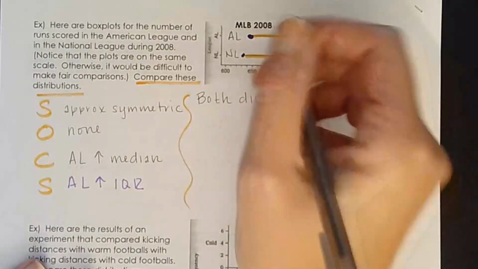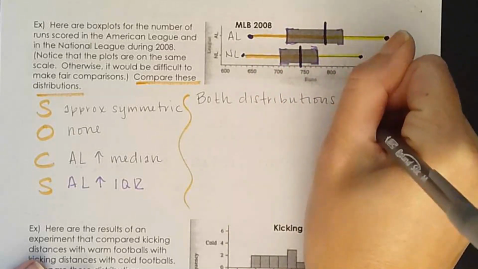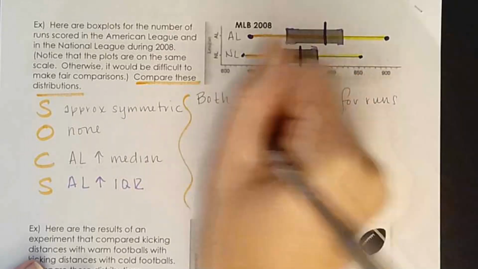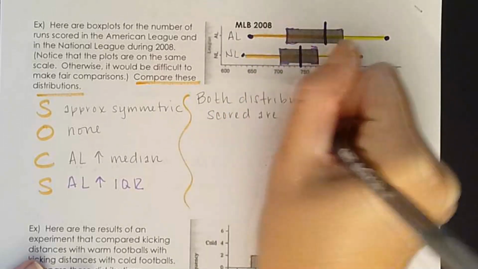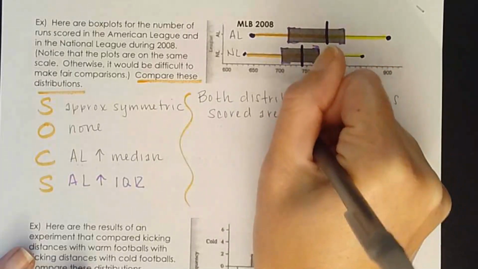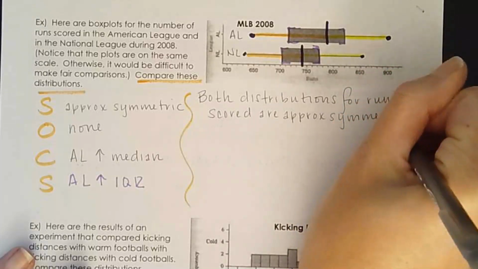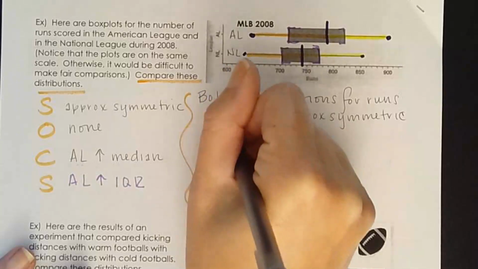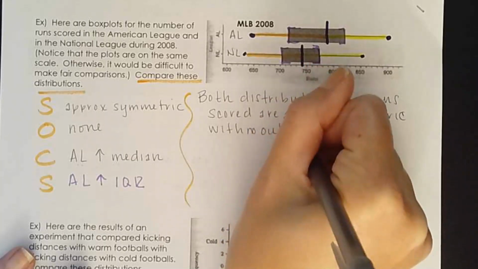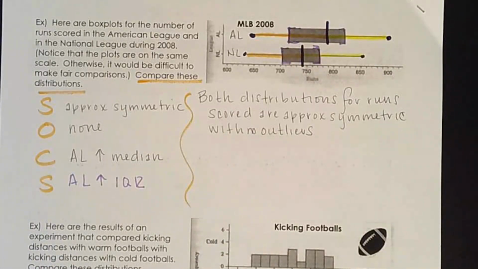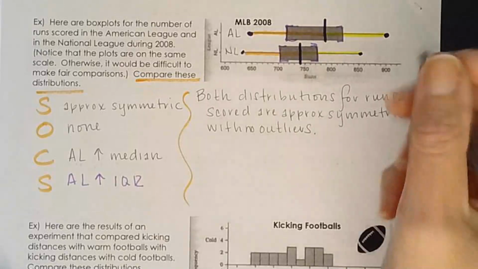Both distributions for runs scored are approximately symmetric with no outliers. The American League has both a higher median and a higher IQR.